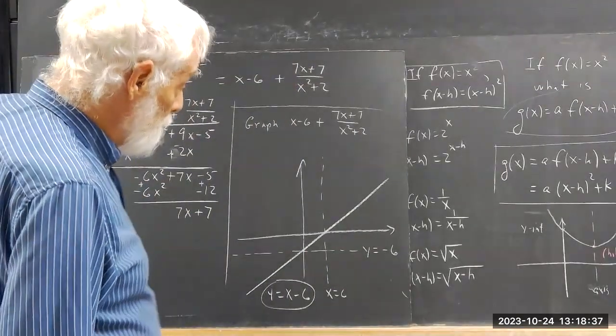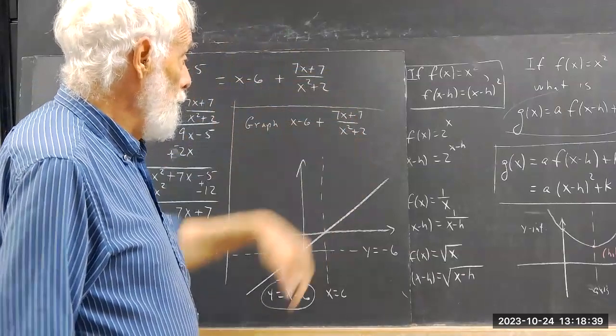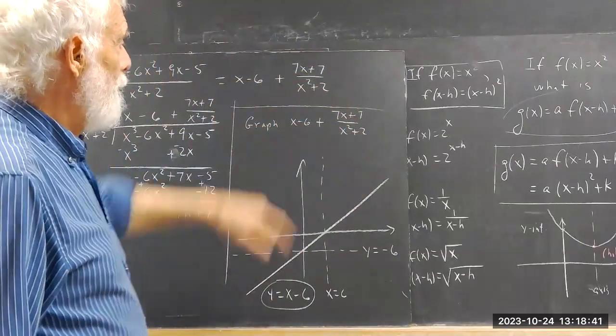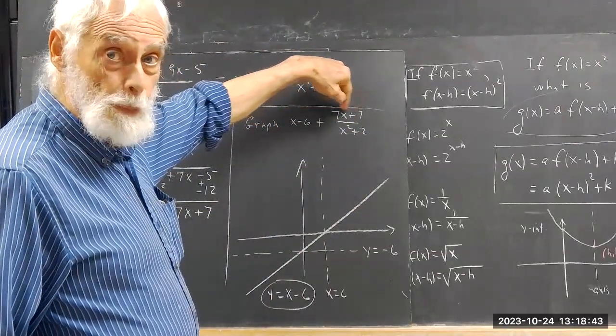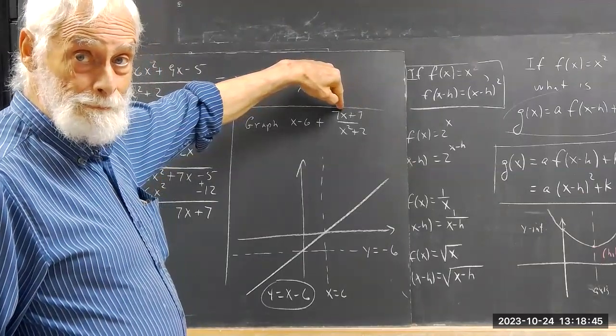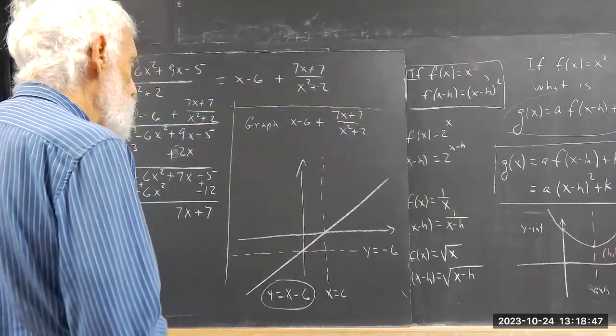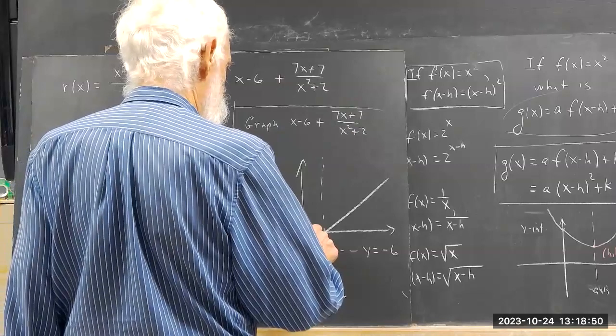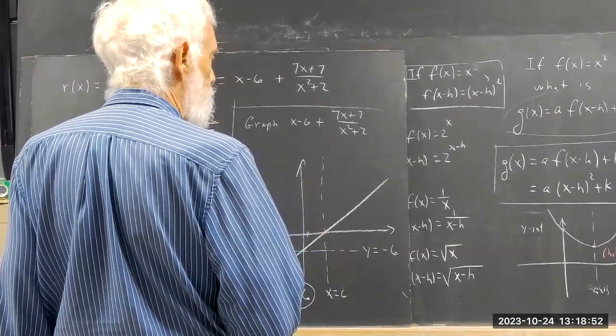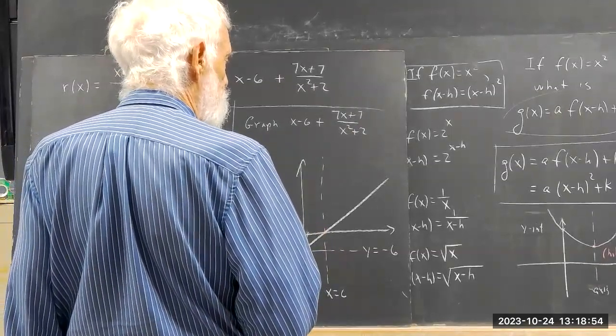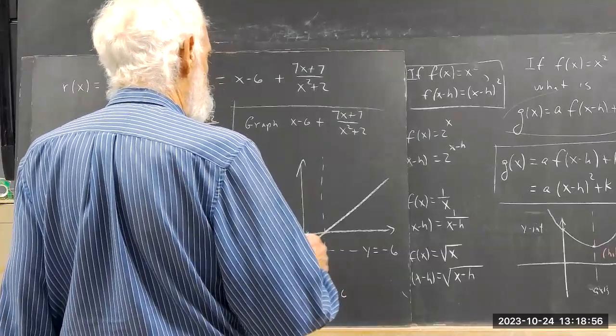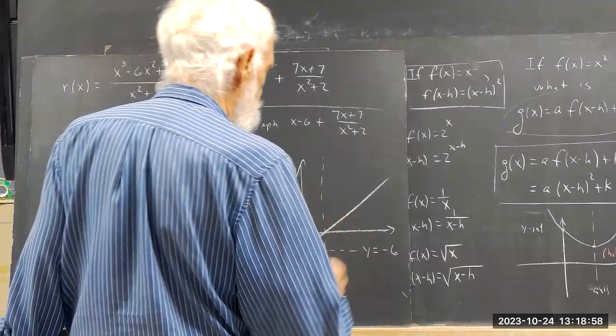And then you've got to worry about (7x plus 7) over (x squared plus 2). Now, 7x plus 7 is 0 when x equals negative 1. So the graph of 7x plus 7 has a 0 here, and it's negative over here and positive over there.